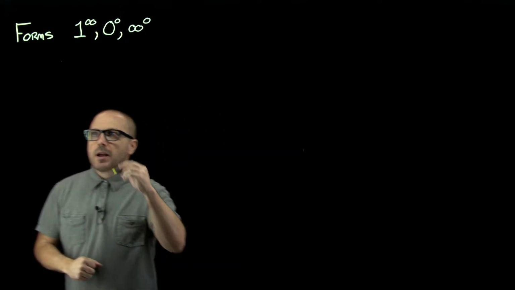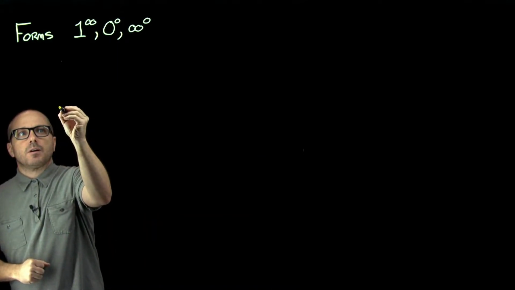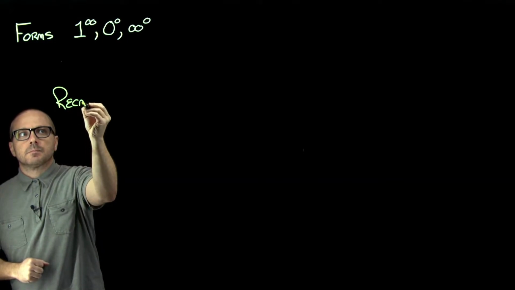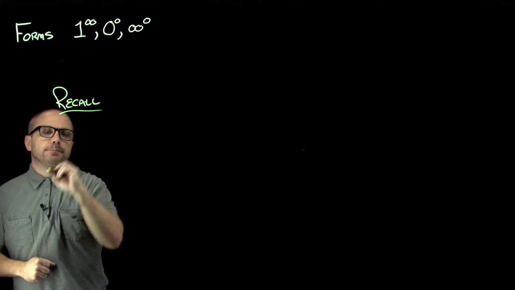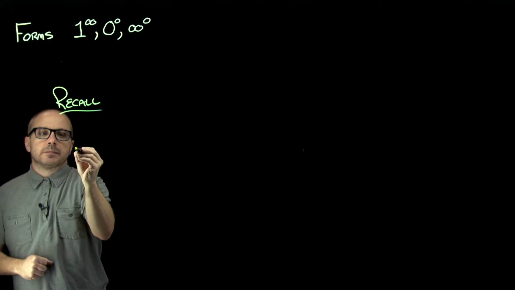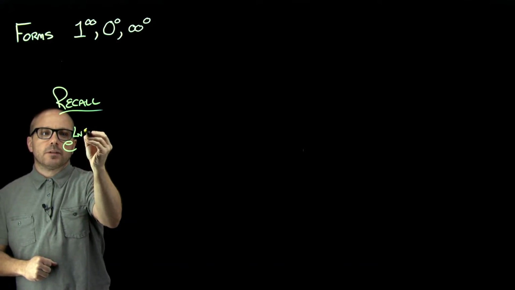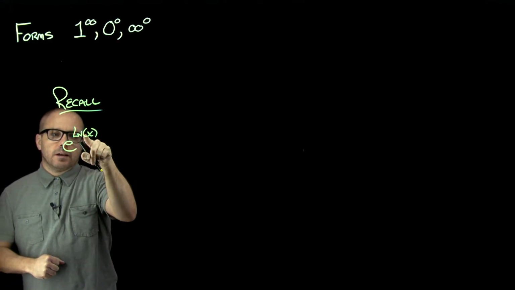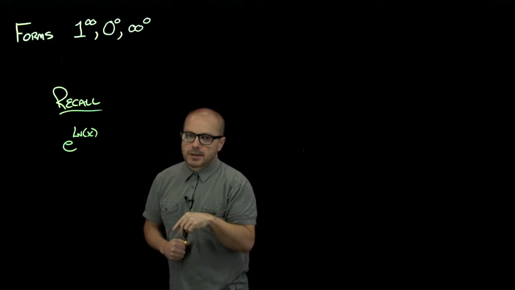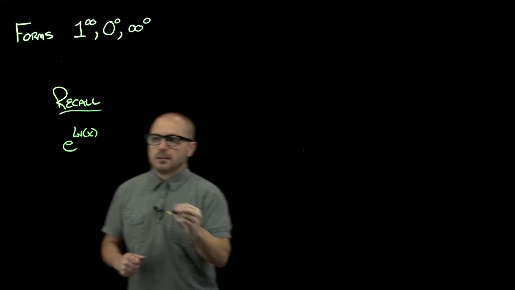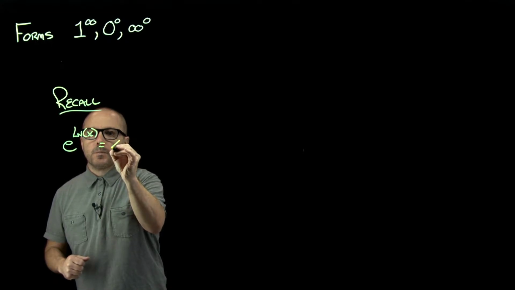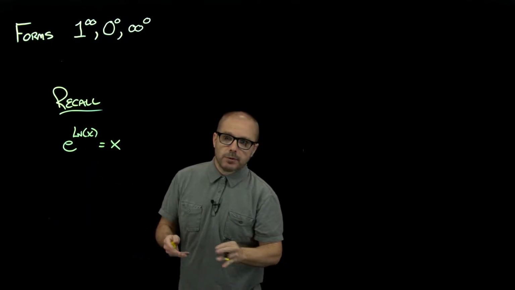We need to remember a couple of things. Recall that e and natural log of x, we defined natural log of x as the inverse of e to the x. So we're going to take advantage of that property.